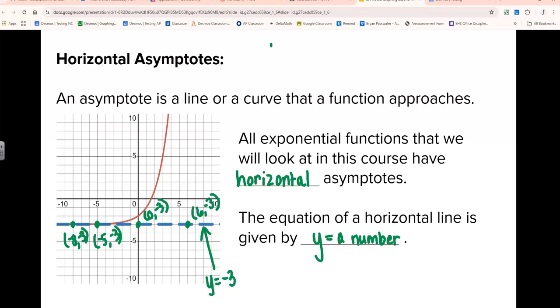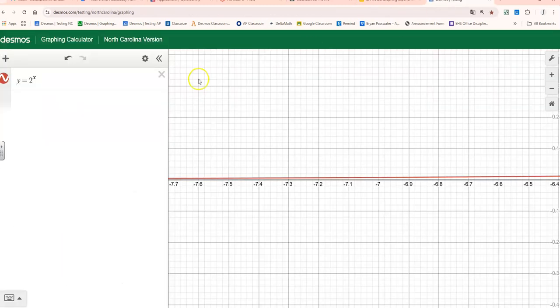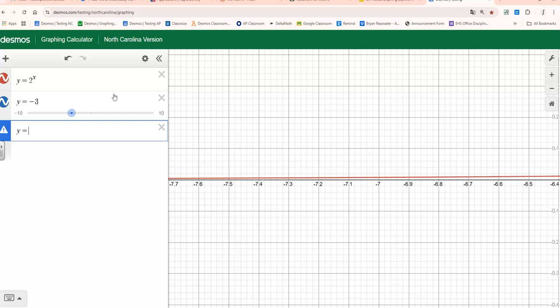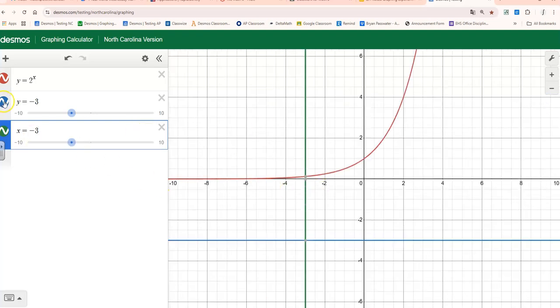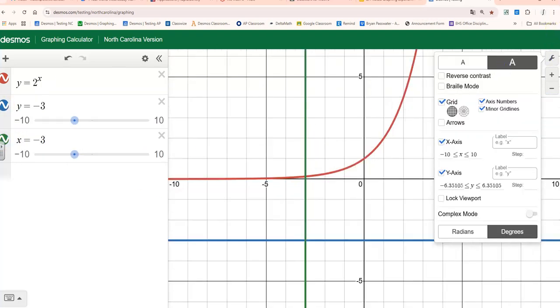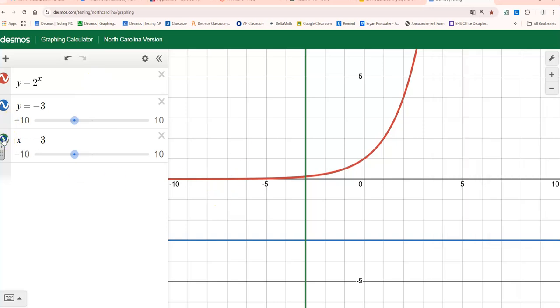You get to use Desmos on everything you do in here, so if you get confused about whether it's y equals or x equals for horizontal, just go over here and type it in. Y equals -3, x equals -3, and see which one it is. And hit the house button so you can see it. Y equals -3, the blue line, that's a horizontal line right there. X equals -3, that's vertical.